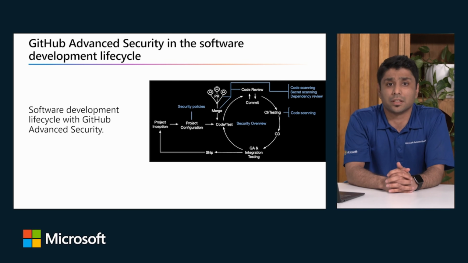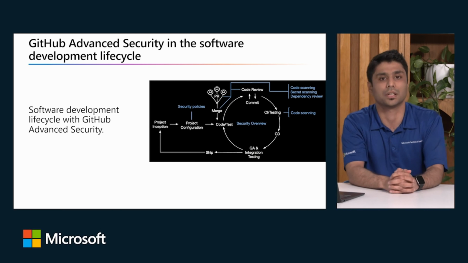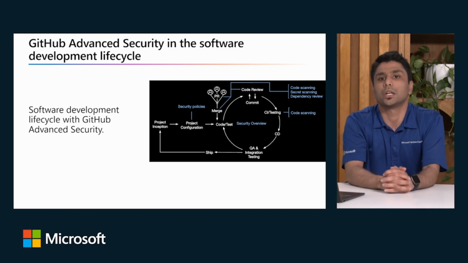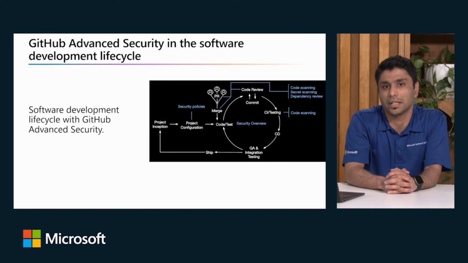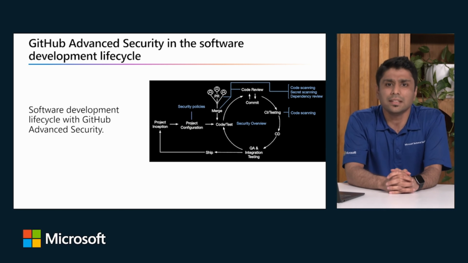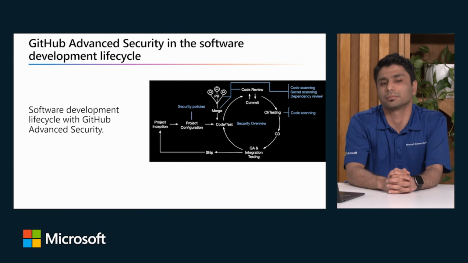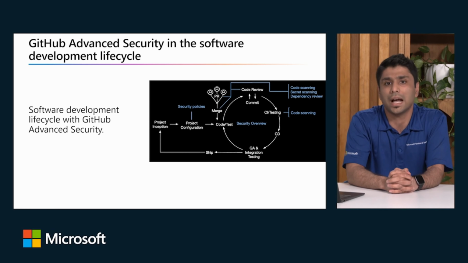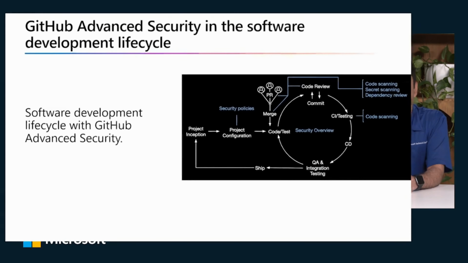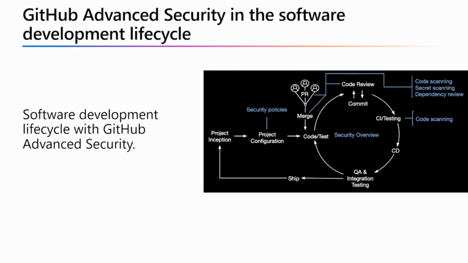The project dependency tree will be compared to GitHub's database of known vulnerabilities at every PR. Then we have security overview, which offers administrators a high-level view of project security status. This enables them to identify problematic repositories that require intervention. Now, when it is time for quality assurance, the security of your code has been reviewed multiple times. There's less chance of bottleneck and less chance of technical debt, because all the earlier checks have fixed the problems in the code.